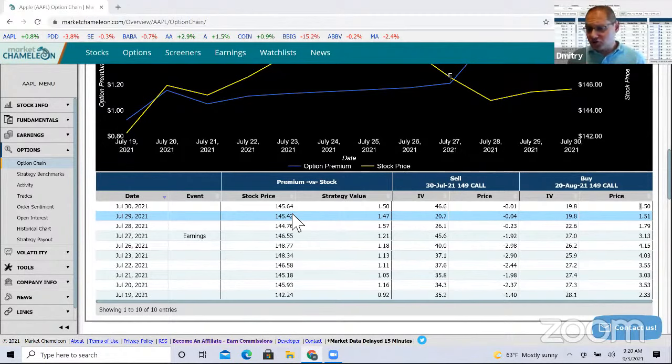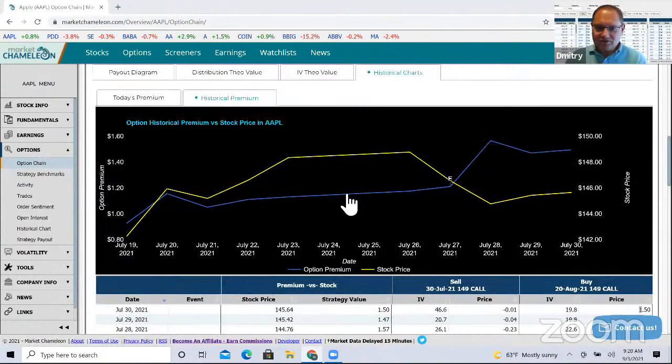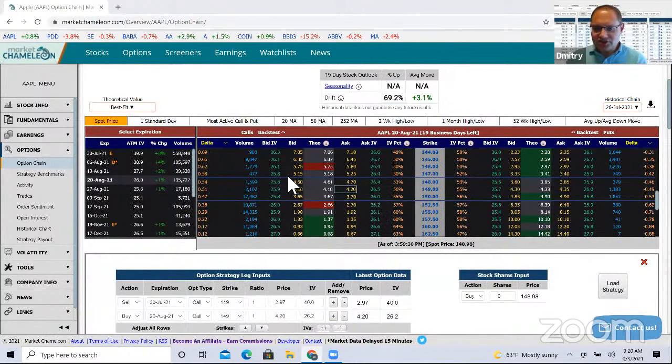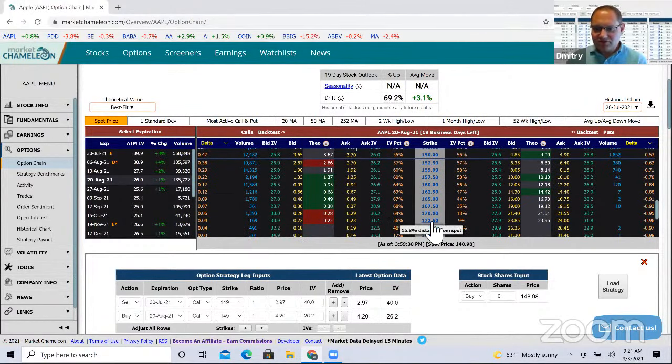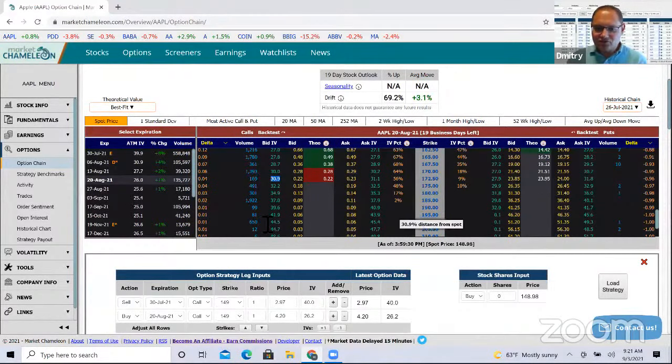There's skew involved, vertical skew and horizontal skew. If I'm looking at an options chain, here's an options chain in Apple, I see an implied volatility for the 146 call, which is different for the 172 call, and different for the 195 call. So these are all different.